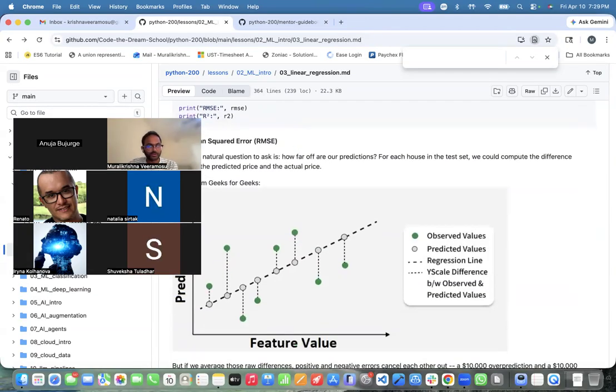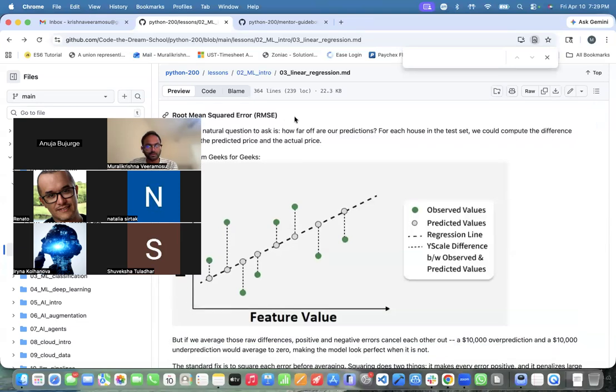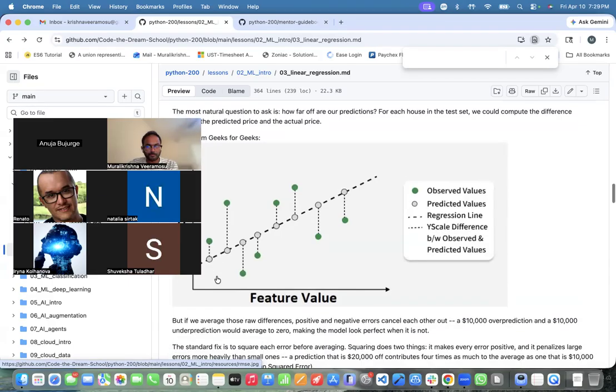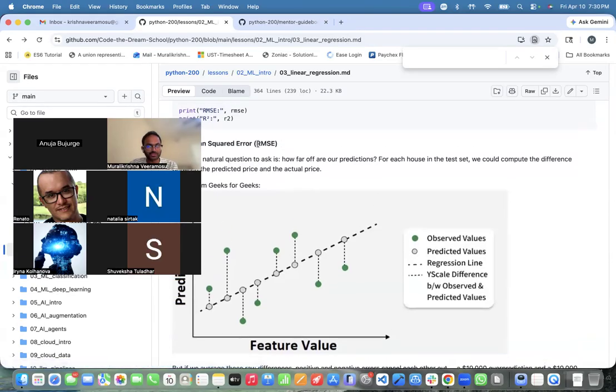But first, let me give an understanding of root mean squared error, right? You can see in this diagram, this is the actual value, but our model predicted the value as this one. The distance between the predicted value and the actual value is taken, and it's squared.